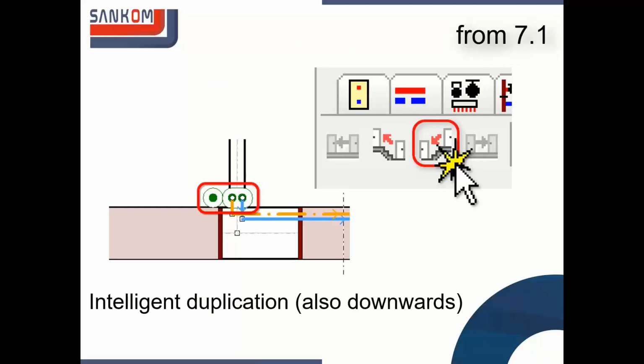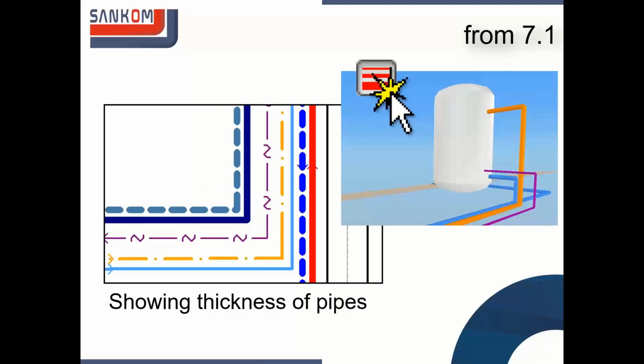We have this intelligent duplication. Before it was only upwards. Then in version 7.1, we introduced the possibility to copy it also downwards. That may be useful, for example, in case of designing the risers. The other option is showing the real selected diameter of pipes.